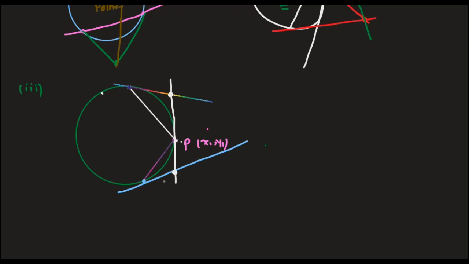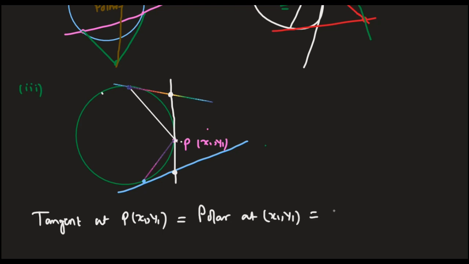Now when the point P lies on the circle, then in that case the tangent at P (x1, y1), the polar at (x1, y1), and the chord of contact (COC) through the point P (x1, y1) are all the same. So when the point is on the circle, then the polar, the tangent and the chord of contact are nothing but the same straight line.